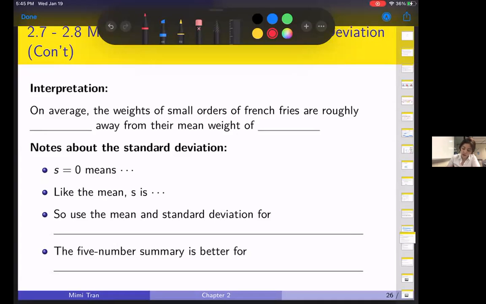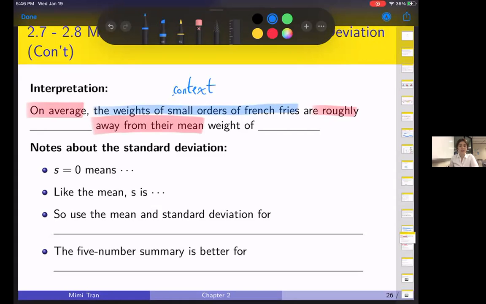So when I ask you to give the interpretation of a standard deviation, the one I highlight in red is the must-have on every single interpretation statement. You start out with "on average," and the one I'm highlighting in blue is context, depending on what kind of problem I'm asking you to give the interpretation for.